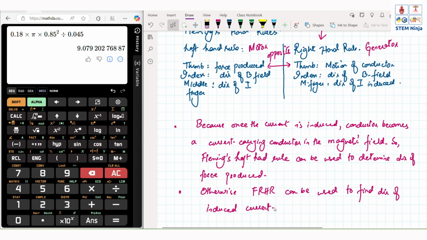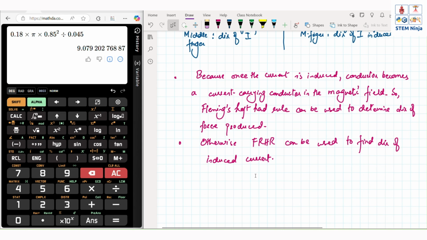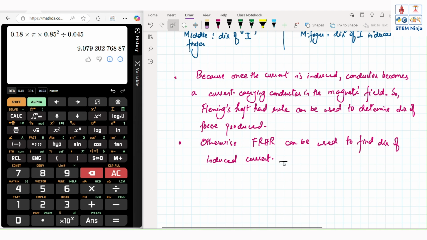Now, the problem is, what current is this? Is it inside the power source or outside the power source? So this current is basically inside a power source now. This has become a power source, an EMF source, basically.